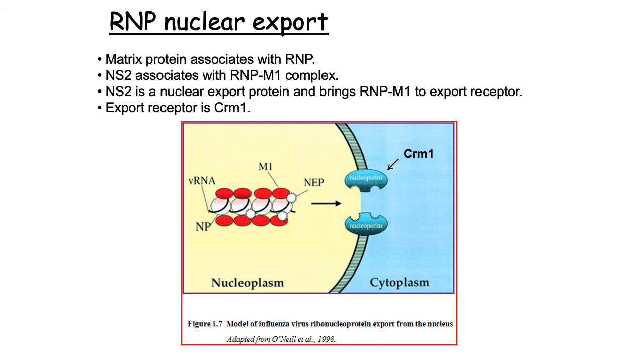So we're going to send new PA, PB1, PB2 and M1 proteins into the nucleus after they get made, after we export the messenger RNAs. So we make the messenger RNAs, they go out, we make the proteins, they come back into the nucleus, and then boom, they form an entourage around every single RNA segment, and they're going to bring those ribonucleoproteins to the outside.